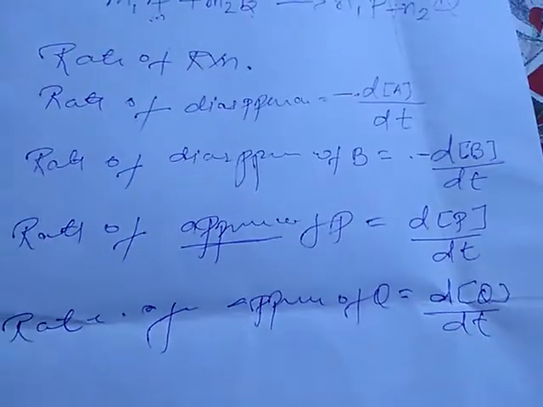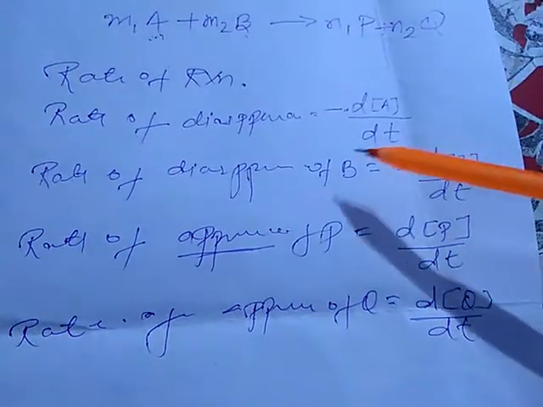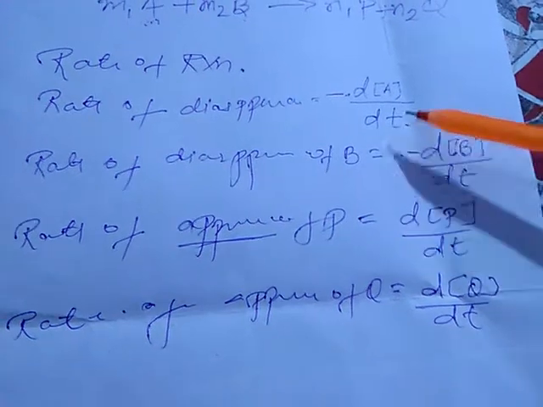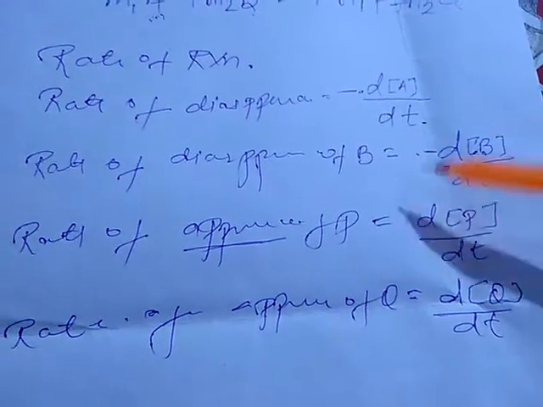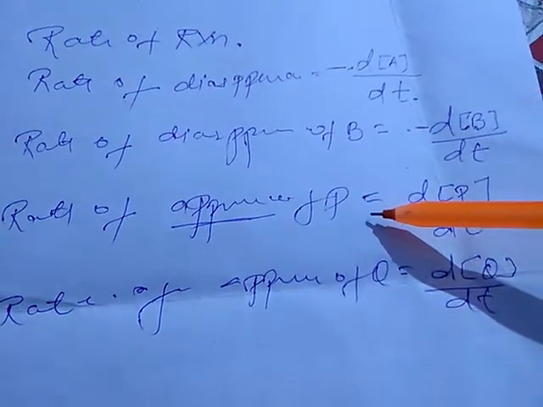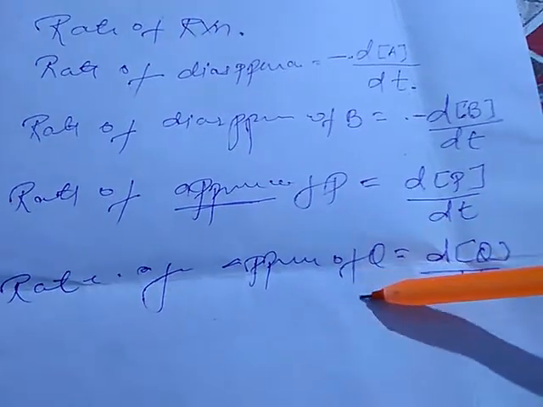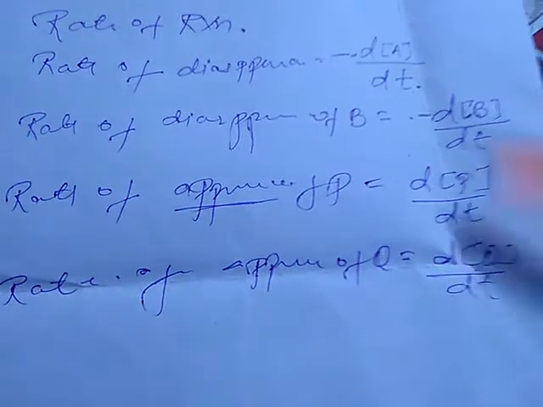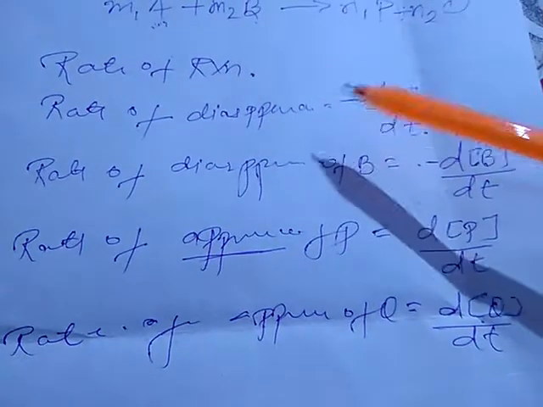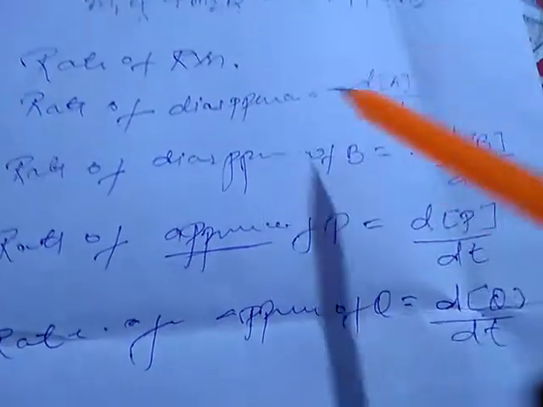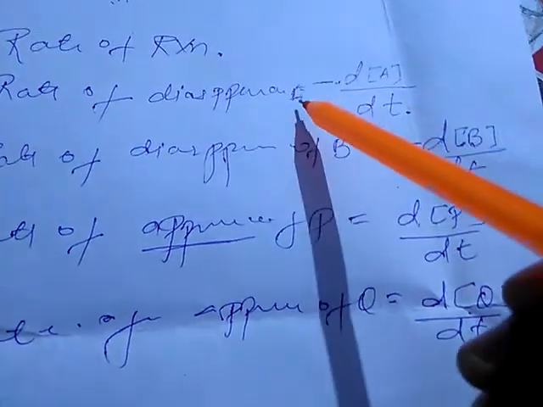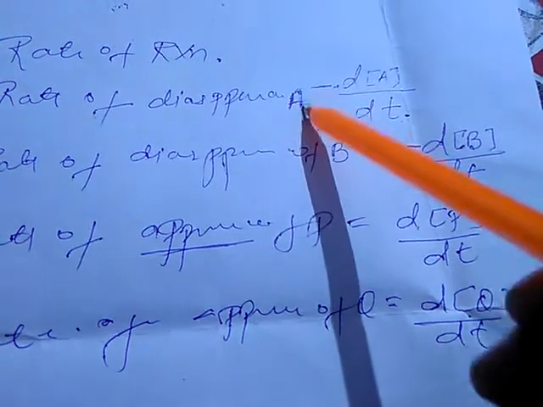So these are some of the rates: rate of disappearance of reactant A, rate of disappearance of reactant B, rate of appearance of product P, and finally the rate of appearance of product Q. These all are the rates of appearance or disappearance of the respective reactant or product.